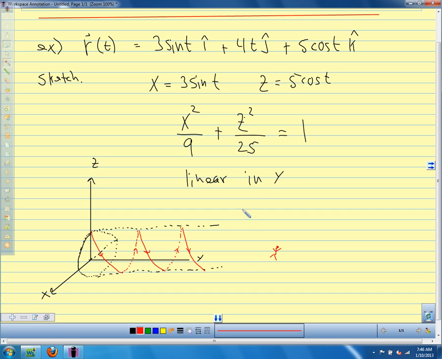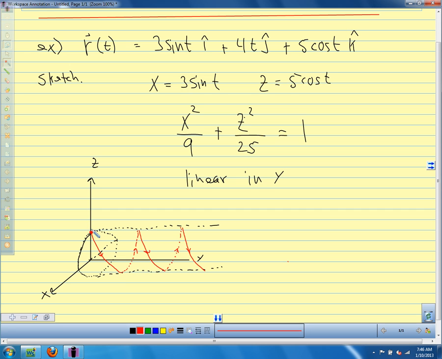Mr. Beamer? Yeah. How do you know which way this ring goes? Let's see. The way I was thinking about it is when t equals 0, the y component is 0, and the x component is 0, right? Yeah. So then we're going to start at z equals 5, so up here.